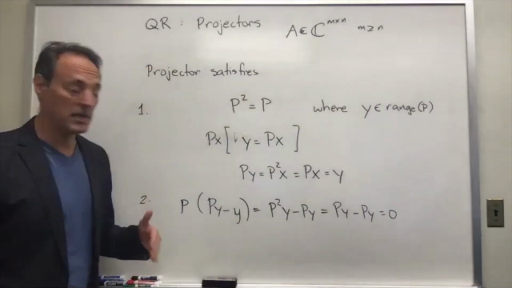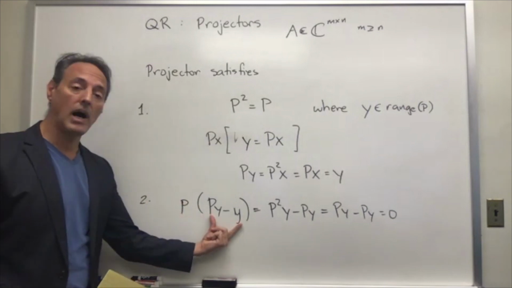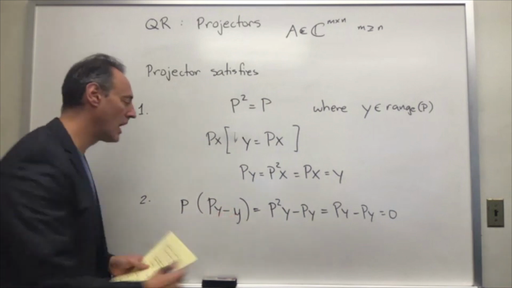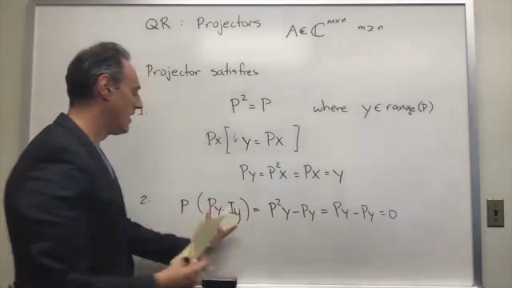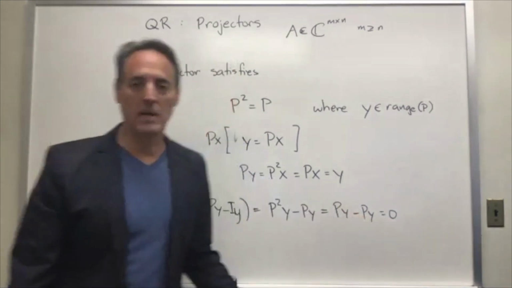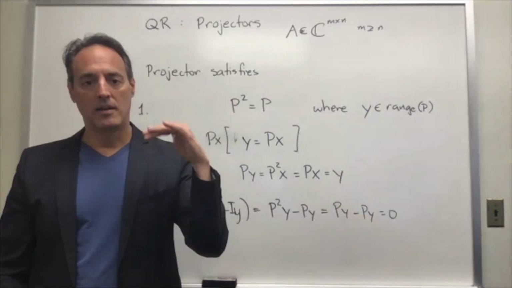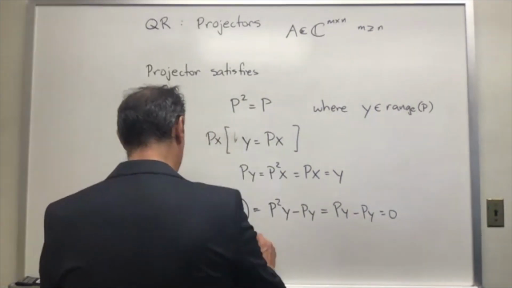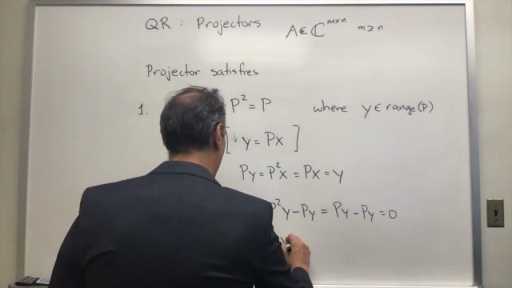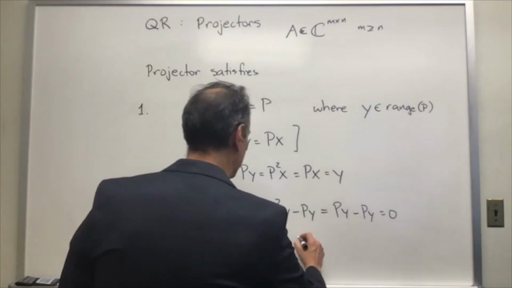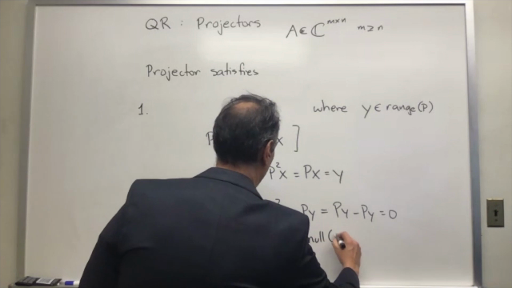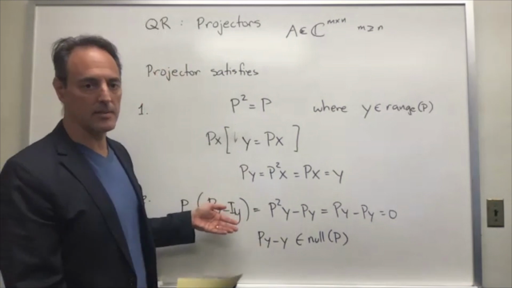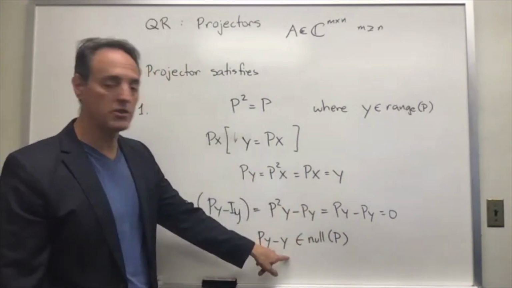Notice what this means: the projector acting on Py minus Y, or in other words identity times Y minus Y, gives zero. So Py minus Y is in the null space of P. The null space is just the vectors that satisfy an operator hitting them equal to 0.